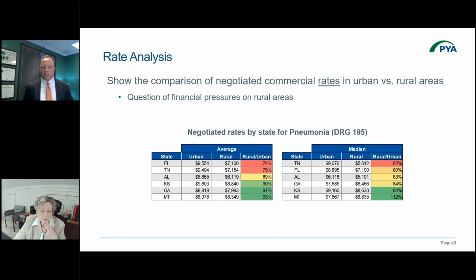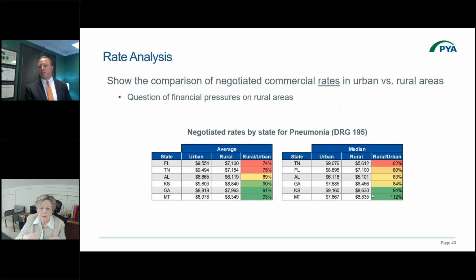What we found for the average for pneumonia in Florida is that rural as a percent of urban was 74%. We saw $7,100 as the average reimbursement for this DRG compared to $9,500 in an urban setting. When we look at Montana, it's about the same as what we find here. It's still slightly less when we compare rural to urban.